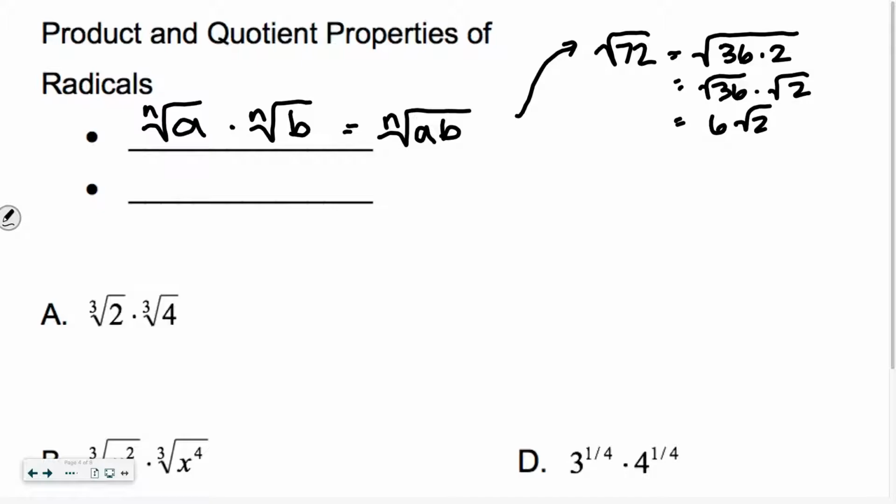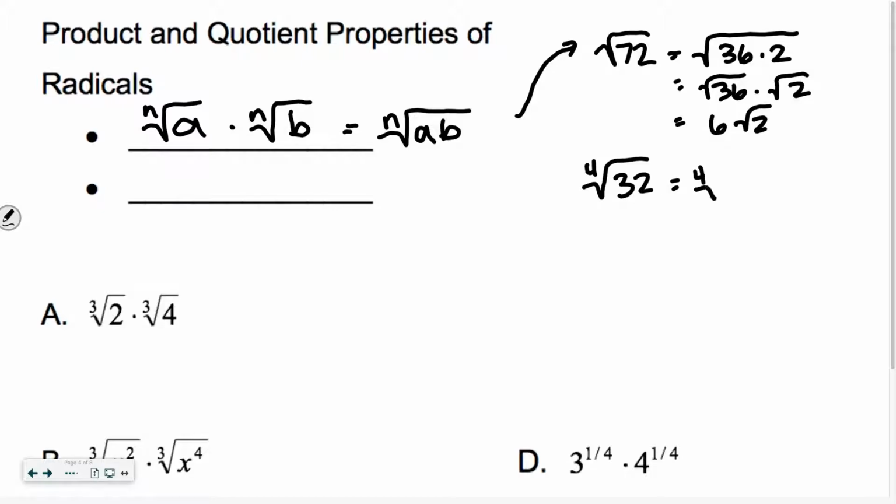And you can use that same property for cube roots and fourth roots. So if I was doing the fourth root of 32, if you look at your table in your notes that we created last week on Friday, and you look in the fourth column, 32 isn't in it, but 16 is.